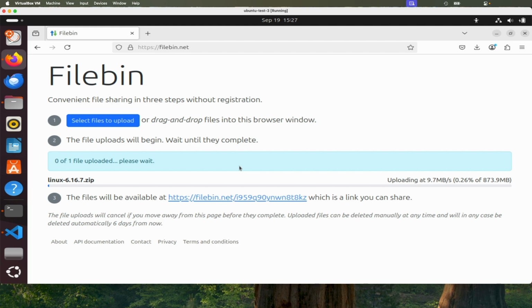BBR's problem is that it doesn't coexist well with other algorithms. So if there is a network that has multiple algorithms, BBR doesn't perform well. And now the speed is about 122.6 kilobytes per second and 0.335% has been uploaded.